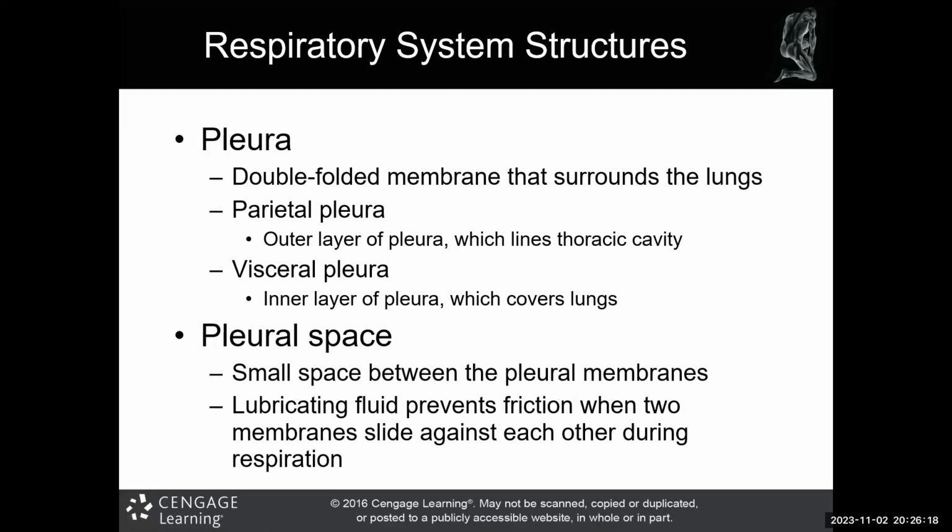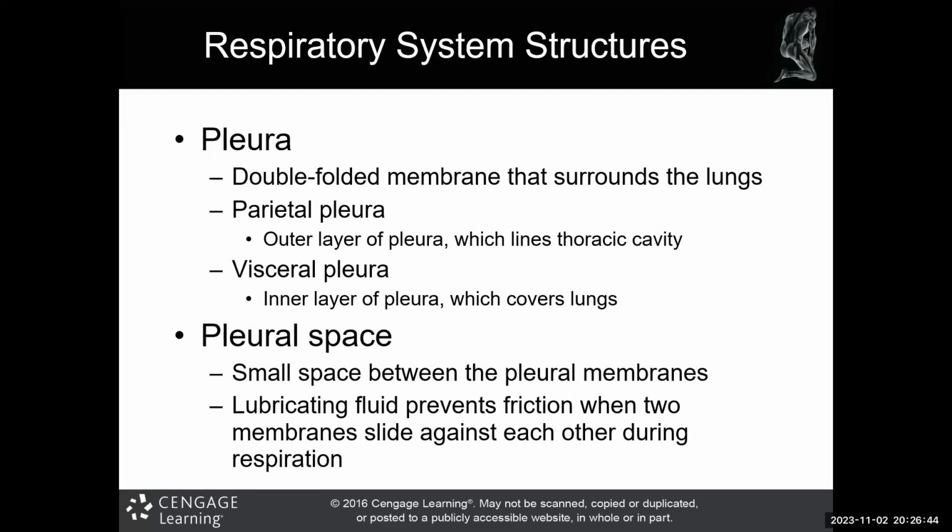So just as the heart has a protective covering, so do the lungs. The pleura is a double folded membrane that surrounds the lungs. There's the parietal pleura, the outer layer of the pleura, which lines the thoracic cavity, and then the visceral pleura, which is the inner layer of the pleura, which covers the lungs.